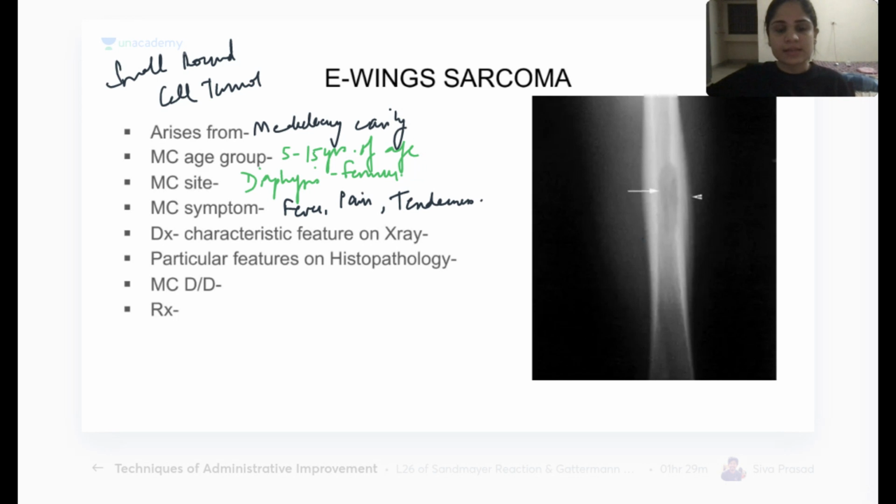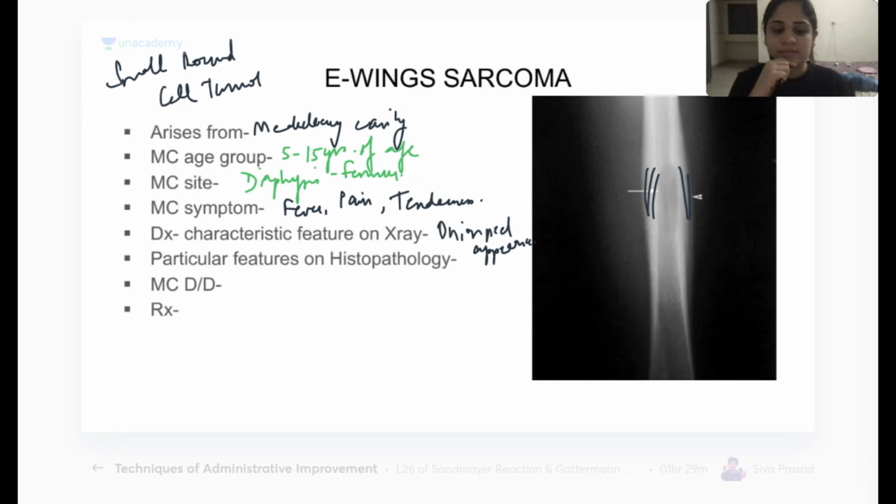Okay. What is the characteristic feature that you see on X-ray? Onion peel appearance, very good. So you can see this lamellated appearance. This is called onion peel appearance. And you see a specific type of rosettes when you take a little part of the tumor and look at it under the microscope.